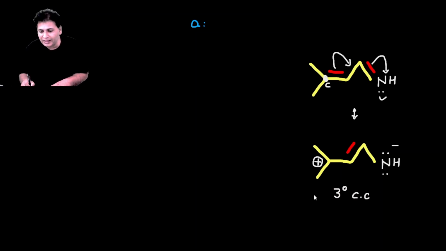The same thing you can see in the below resonating structure. This carbon has got a carbocationic character now. The double bond is shifted to this new position, and the older double bond is now sitting on nitrogen in the form of one more lone pair, bringing a minus charge.